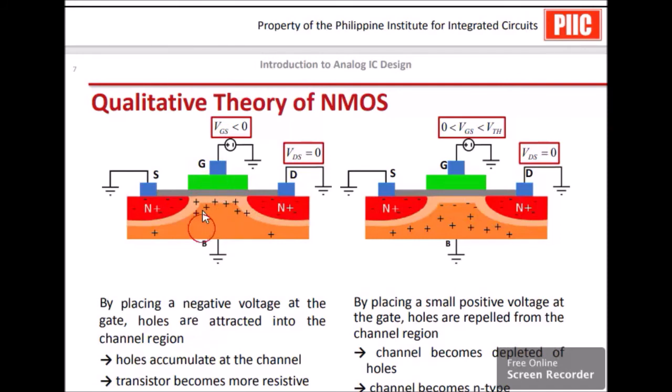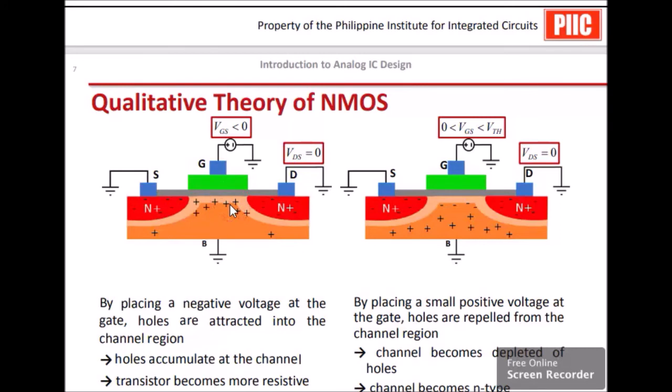Okay? So, ayun. Do you think merong layer na napoproduce? Do you think makakadaan pa itong mga electrons natin dito papunta sa kabila? Hindi, kasi madaming P-type dito, maraming holes. Now, again, sa N-channel, kapag nilagyan mo ng negative yung gate, wala kang channel na mapoproduce, because the holes accumulate at the channel.